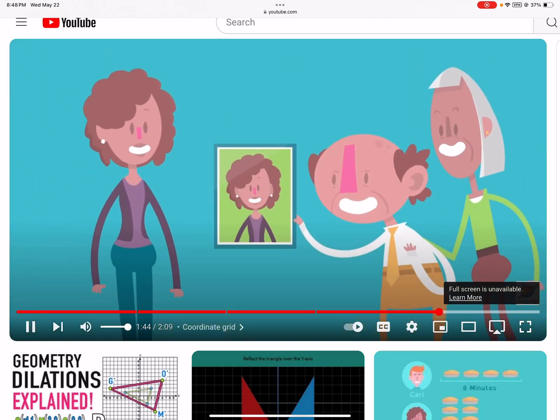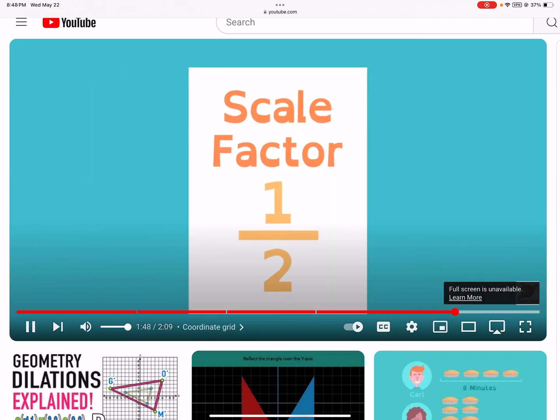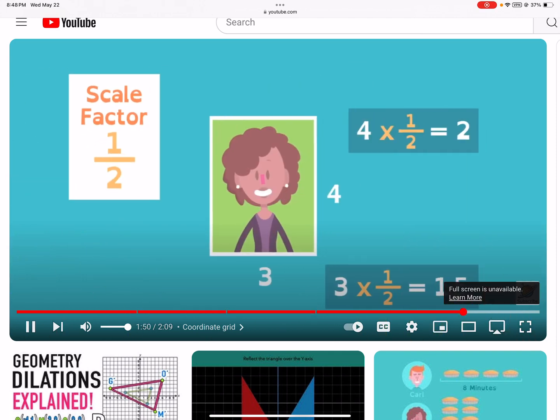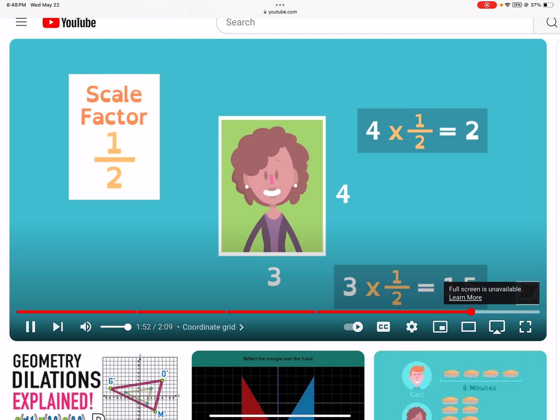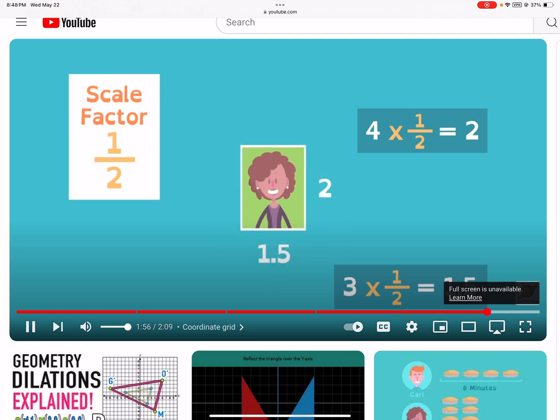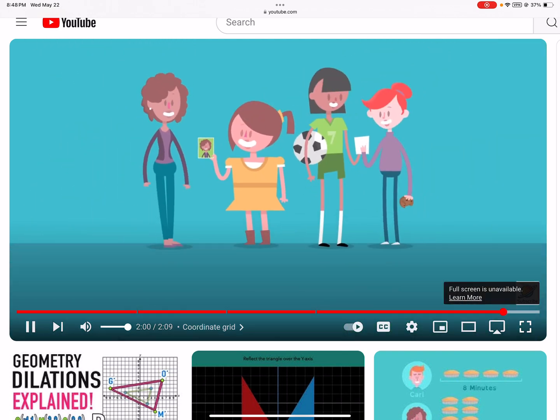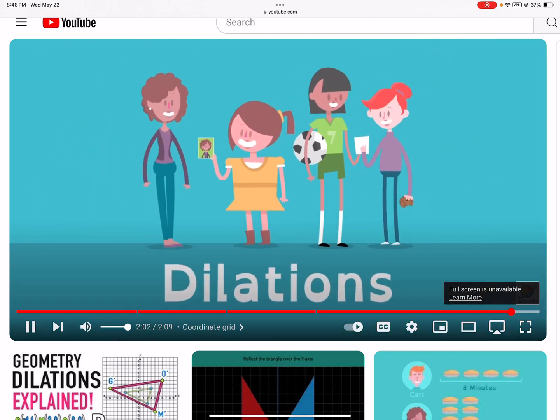Nice portrait, Kate. Grandma and Grandpa are so proud. If the scale factor is 1/2, the original dimensions are multiplied by 1/2. The dimensions of the reduced photo are 1.5 and 2. Different sizes, same proportions, with dilations.